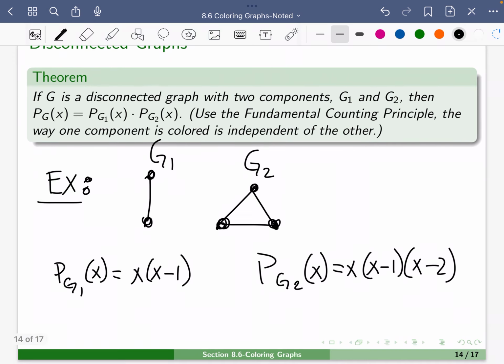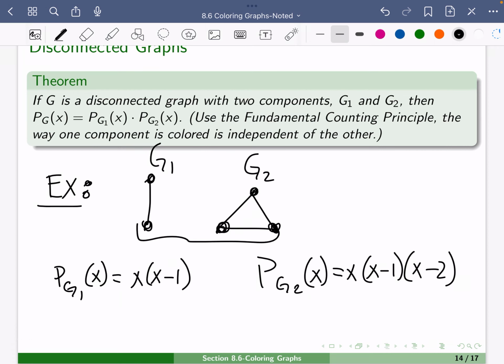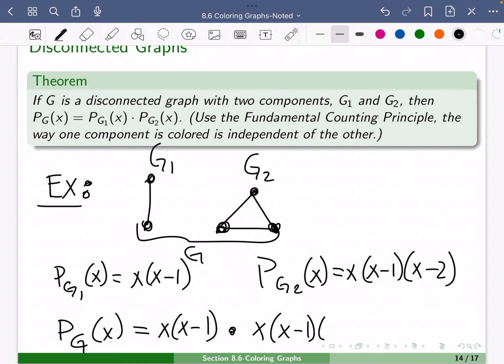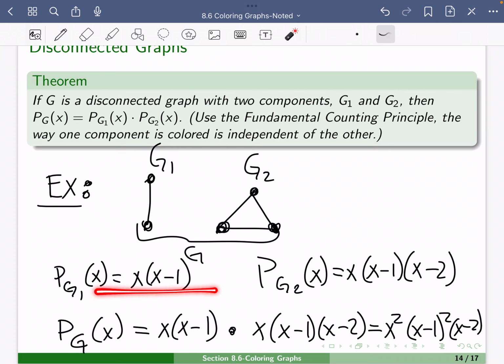And so the polynomial associated with this disconnected graph G is going to be x times (x minus 1) times x times (x minus 1) times (x minus 2). So writing it compactly, you have x squared times (x minus 1) squared times (x minus 2). Simply taking the product of this piece with this piece.